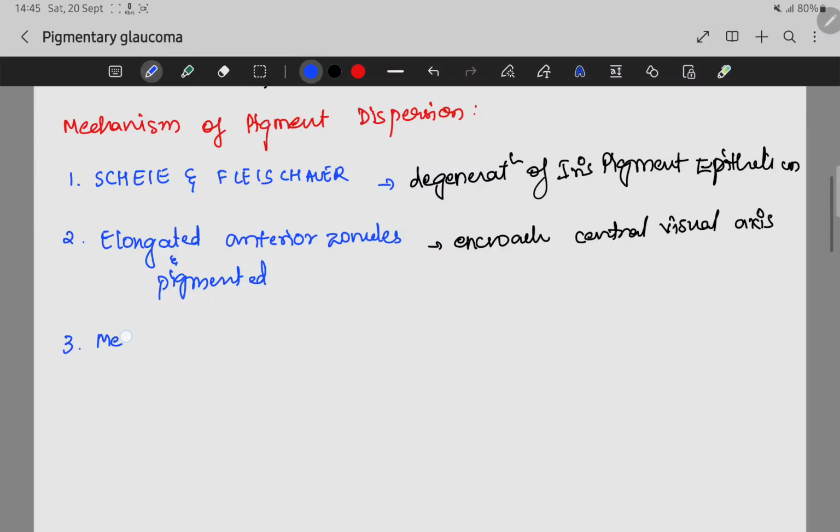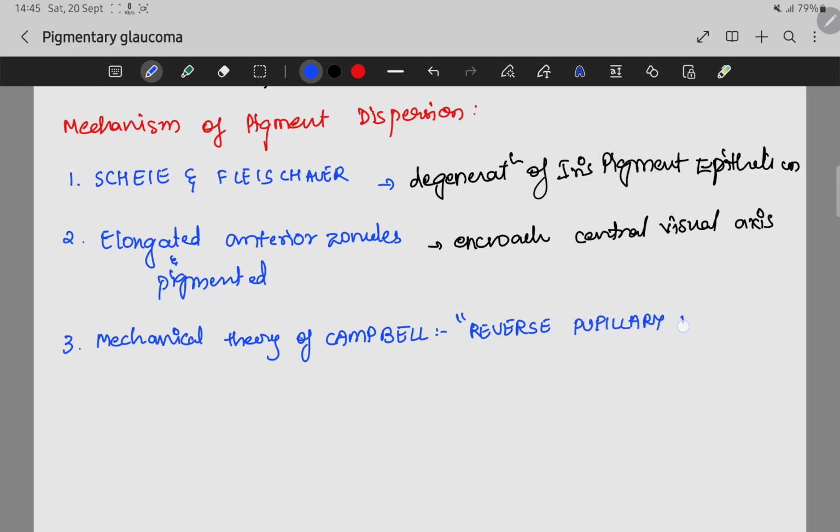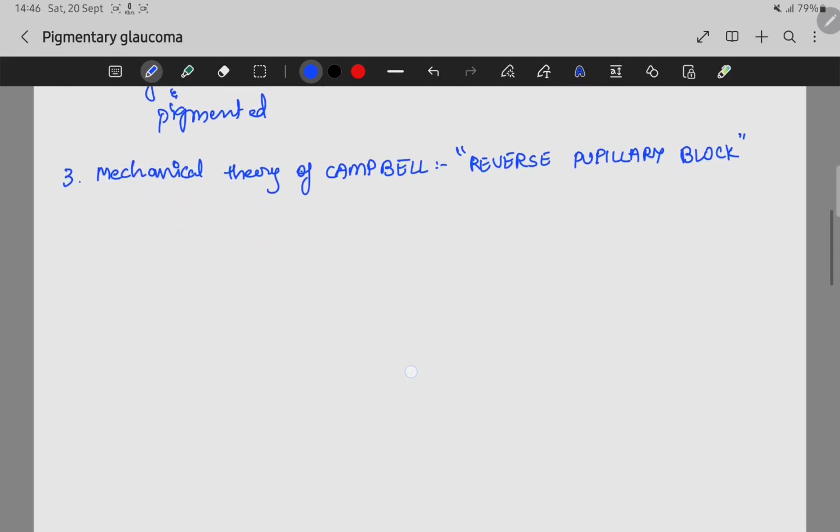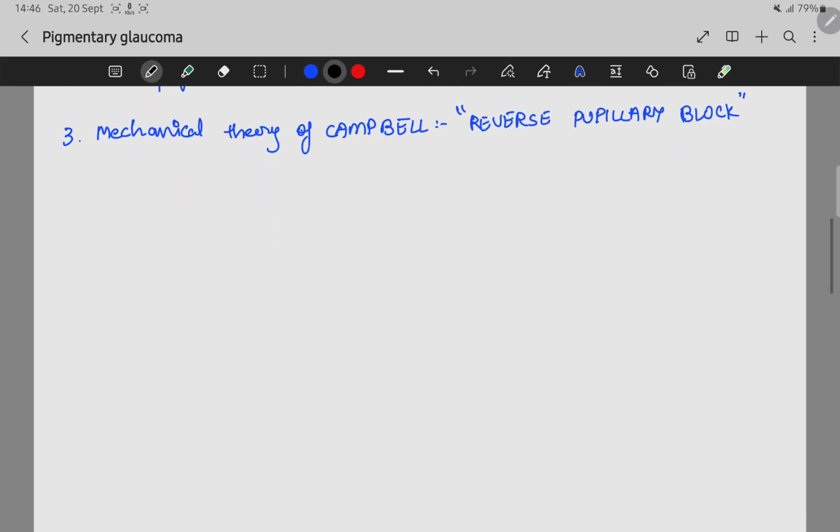Then we have mechanical theory of Campbell. So this is based on reverse pupillary block. So what does this say?